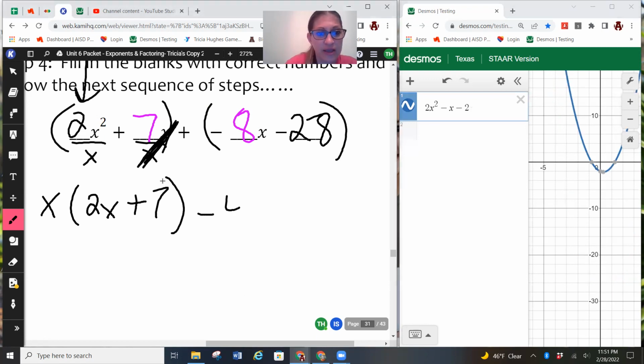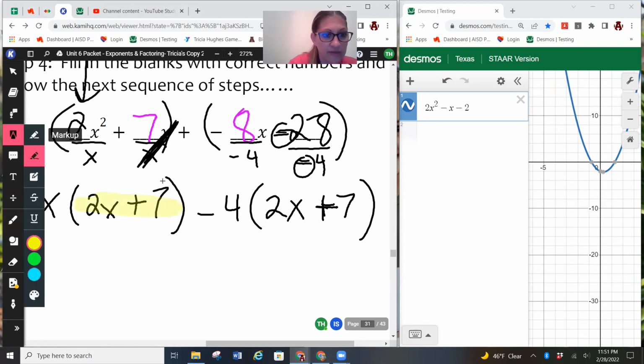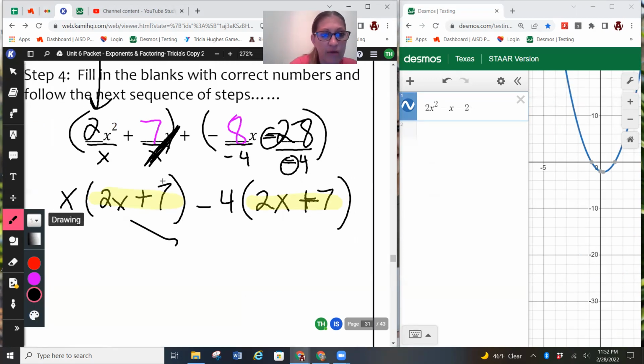If I take out a negative 4, and that means I divide both of these by the GCF, I'm thinking the GCF is negative 4, that would give me 2x plus 7, because a negative and a negative make a positive. So again, how do you know I'm right? These will always be identical. So now we're almost done.